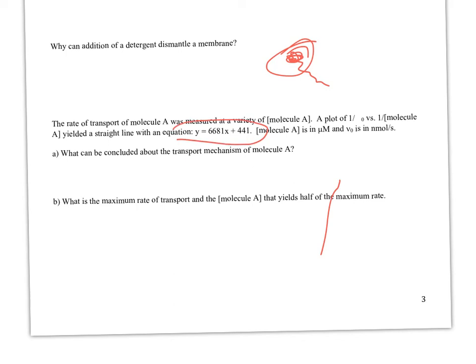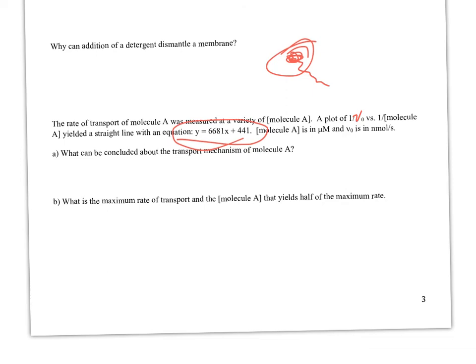This is really just an old-fashioned double reciprocal plot, with 1 over V, because you can treat transporters like enzymes, and they follow Michaelis-Menten kinetics. So all that Michaelis-Menten stuff that you did applies here too.